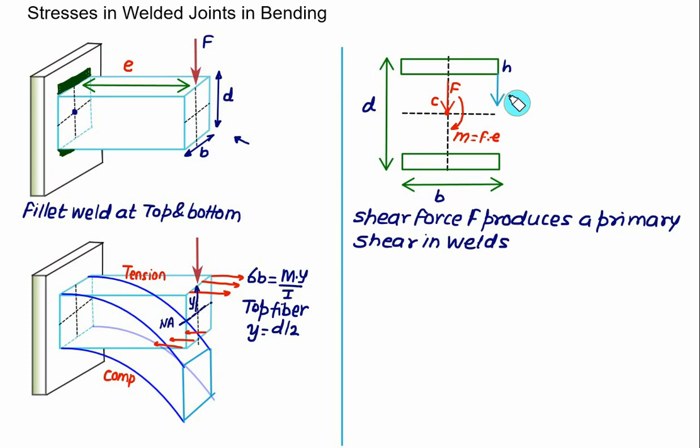Let's say tau prime is the primary shear stress which is produced by the force F and is uniform over the entire cross section.